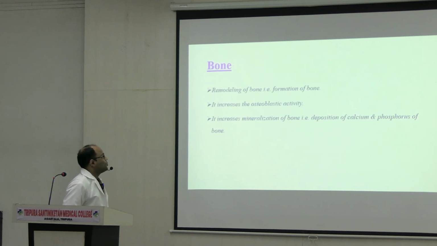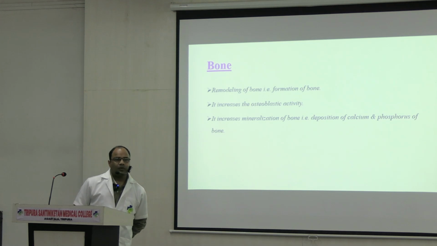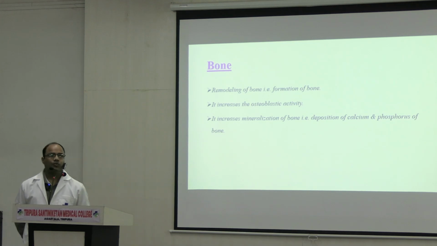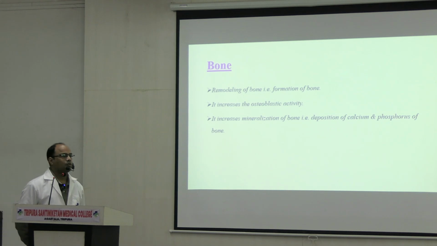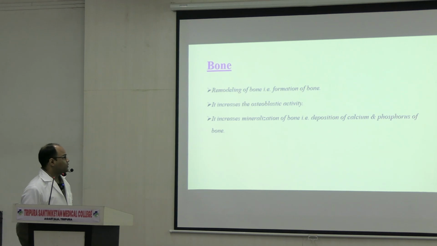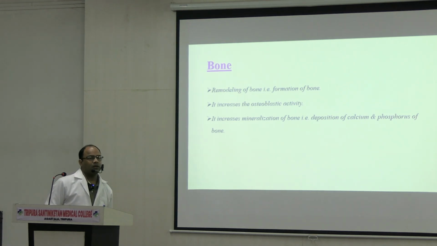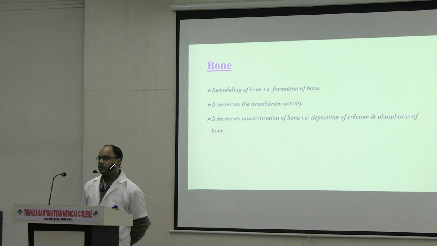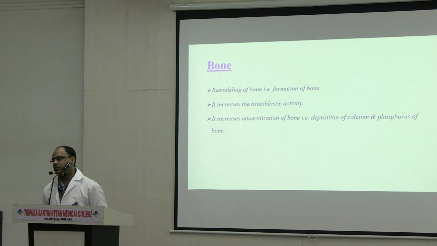Next, in bone, vitamin D or calcitriol has action in bone. It causes remodeling of bone. There is formation of new bone. It binds with osteoblasts. There are three types of cells in bone: osteoblasts, osteoclasts, and osteocytes.